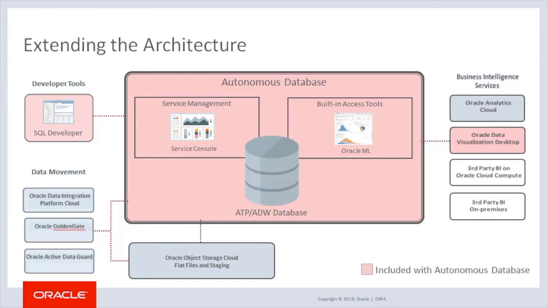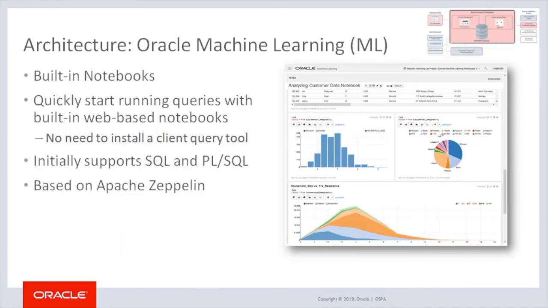Many third-party applications are certified against Oracle Autonomous Database and can be connected through OCI, JDBC, and ODBC protocols. Let's look at the developer tools and some of the other features in the architecture in greater detail. As we previously noted, an included component of the Autonomous Database service is Oracle Machine Learning, also referred to as OML.